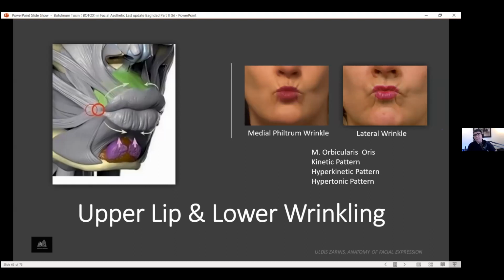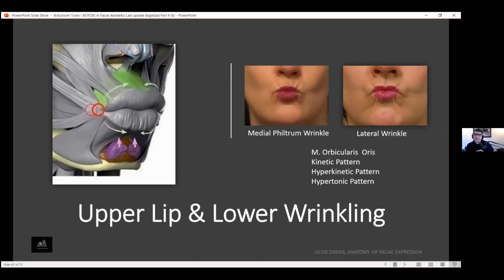Because you have to keep in mind, this area is important for drinking, sipping, for eating, for drinking hot or cold things, for speaking too, because some kinds of language pronunciation depend completely on the lips. So think about that. I prefer to focus my botulinum toxin at the site or area of concern.